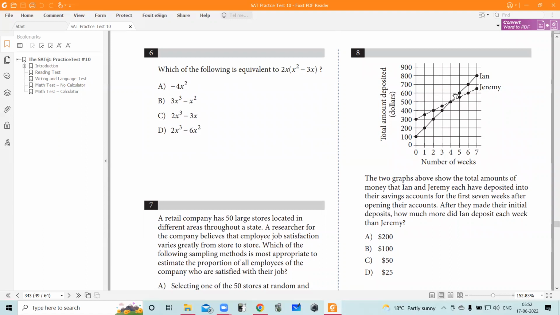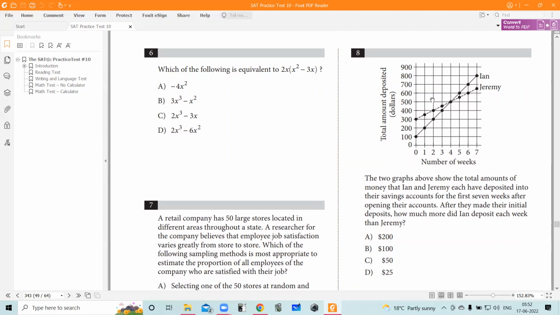He is increasing from $100 to $800 in 7 weeks. But Jeremy is depositing $300 and his steepness is less, his slope is low, and that means his increase is slower as compared to Ian.